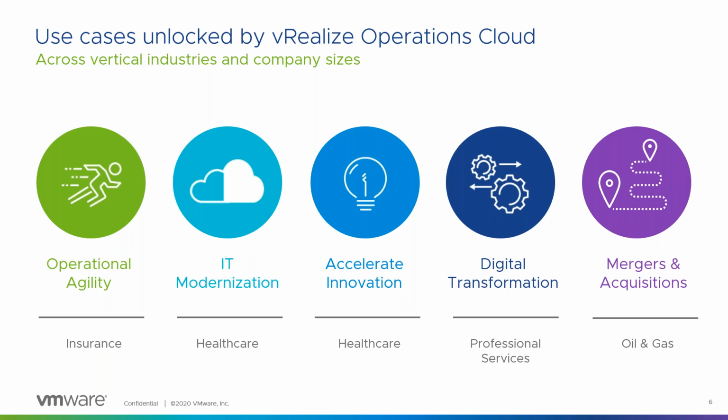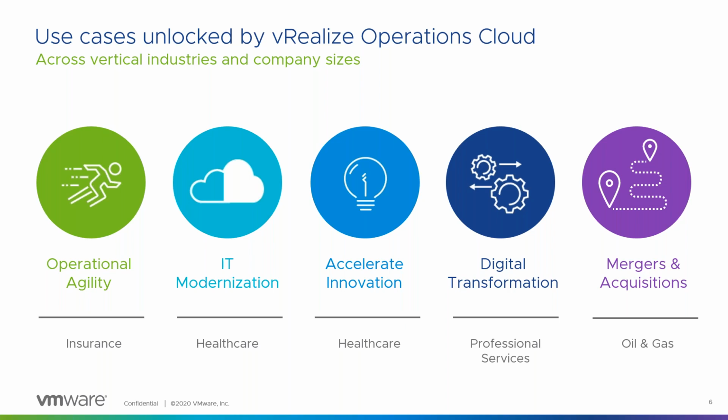And what they're telling us, an insurance company says that for operational agility, the automation that comes with vRealize Operations Cloud is going to help the limited IT staff that they have to meet their internal SLAs. It's going to help them free up time from the infrastructure maintenance so that they can focus more on supporting the applications that are used internally by their business unit.